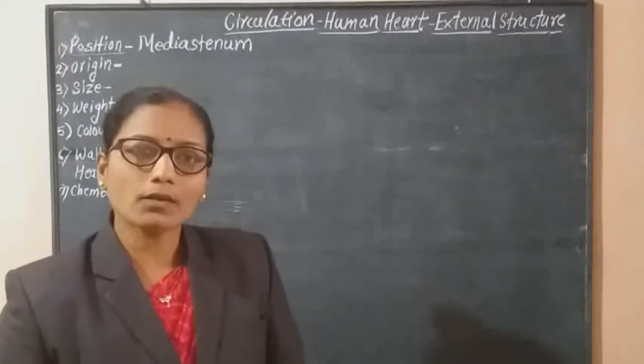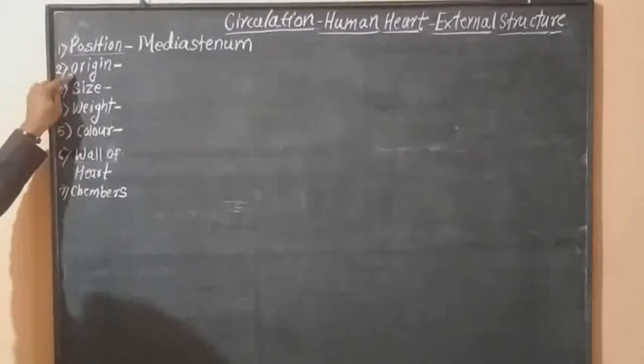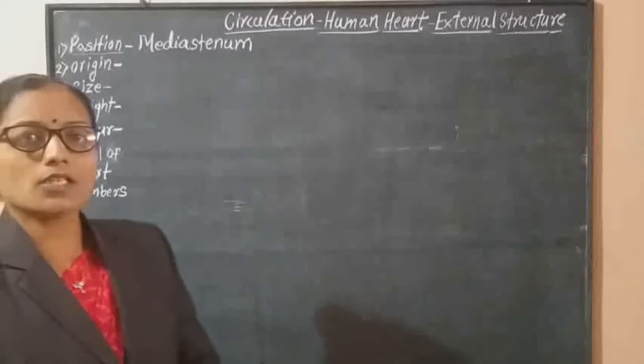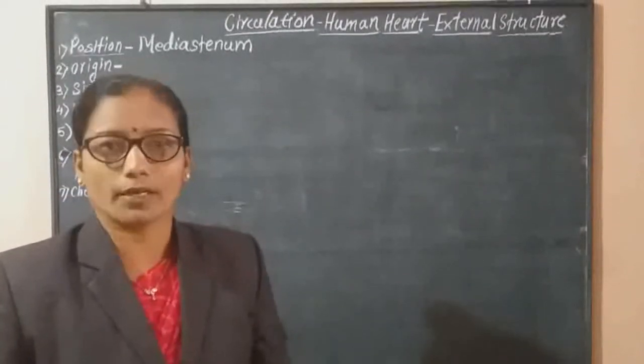Now the second point: what is the origin of the human heart? Origin means that in the human body, each and every organ is developed from a germ layer.